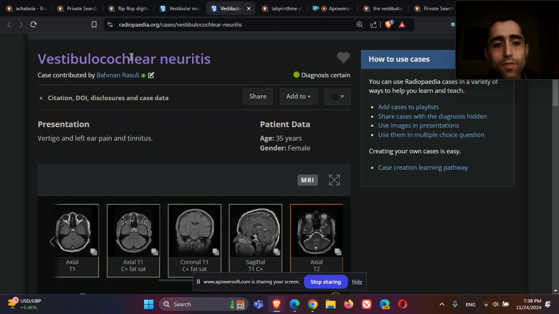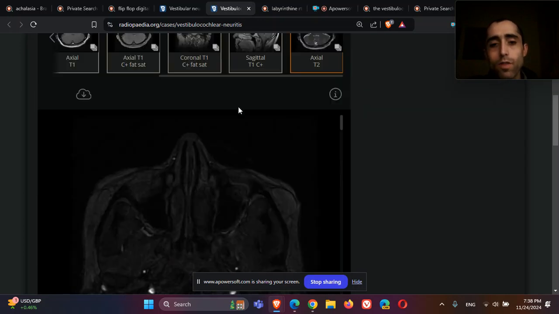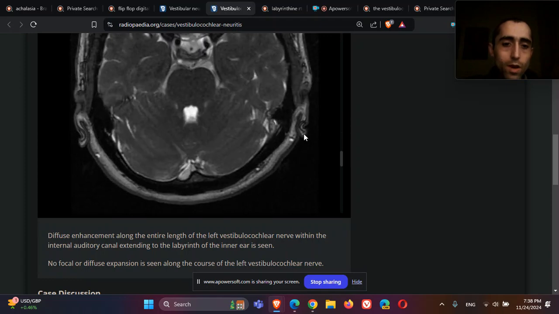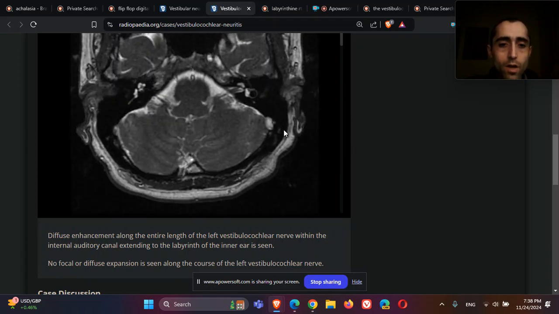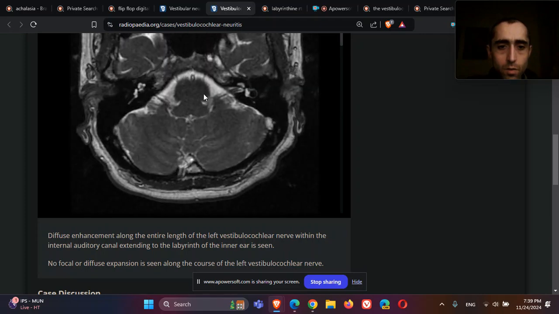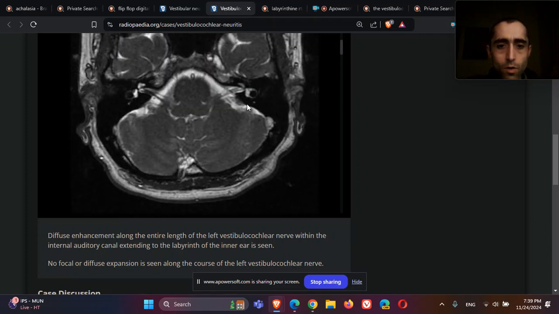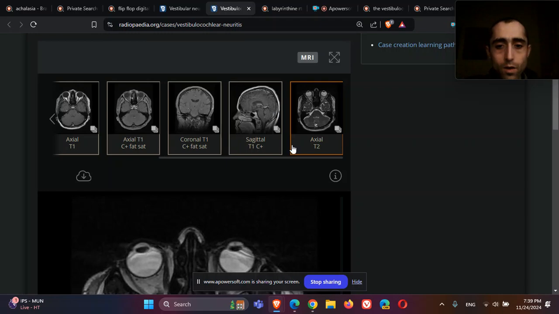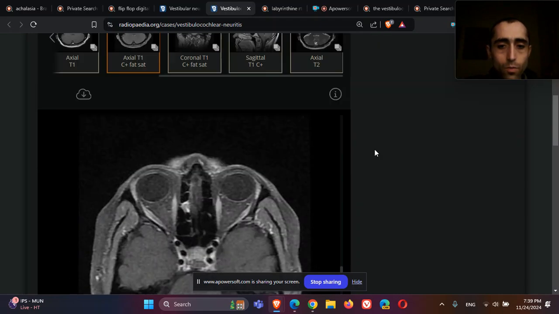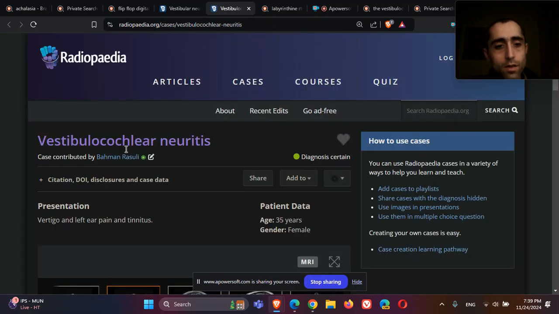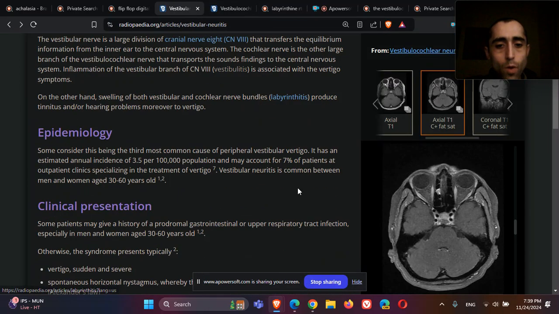Even if the cochlear nerve is also involved, tinnitus may be there, but usually the name is vestibular neuritis or viral labyrinthitis. Anyway, you see here the medulla, the pons, between them you can see the vestibulocochlear nerve, and you want to see this nerve in T1 with contrast. Right over here, you may see that the nerve is hyperintense, with enhancement in T1.